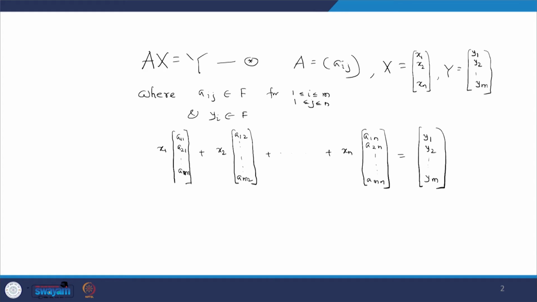Now, basically we want to generalize this concept for the generalized system Ax = y, where A is an m cross n matrix over a field, say capital F, and y is again an m cross 1 column matrix, or column vector, like what we have written here.